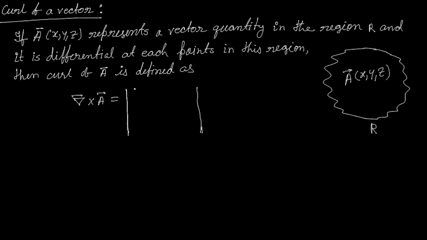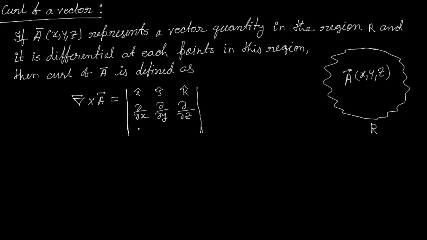So in this determinant, in the first row, write i cap, j cap, k cap. In the second row, write del by del x, del by del y, and del by del z.